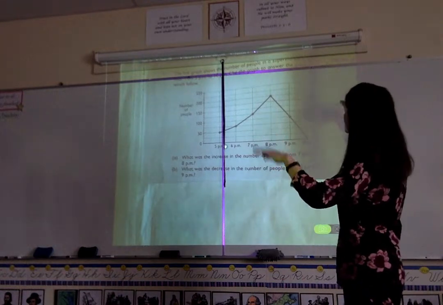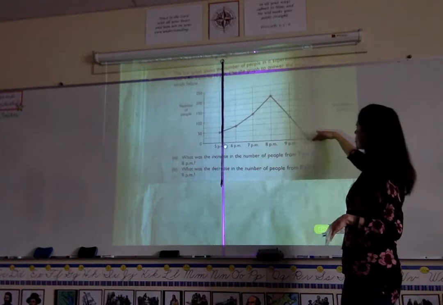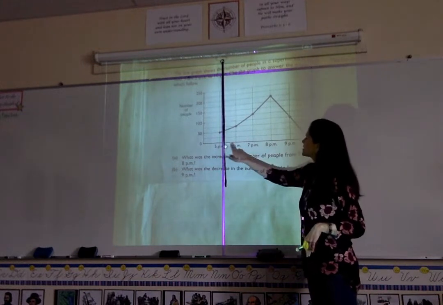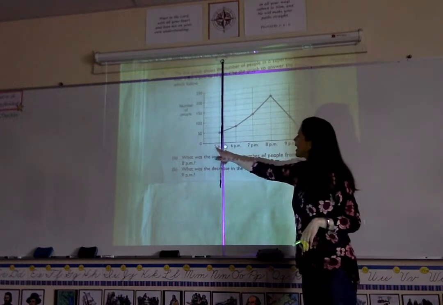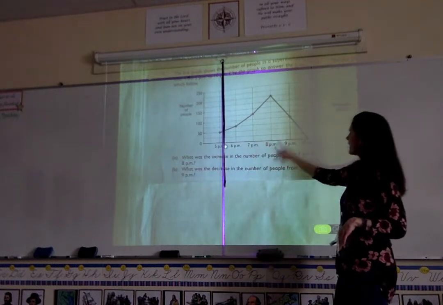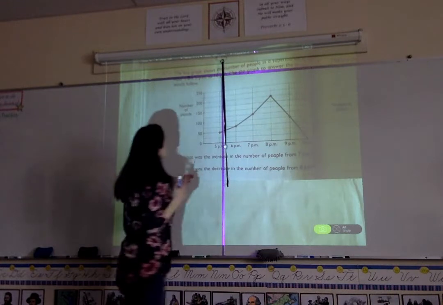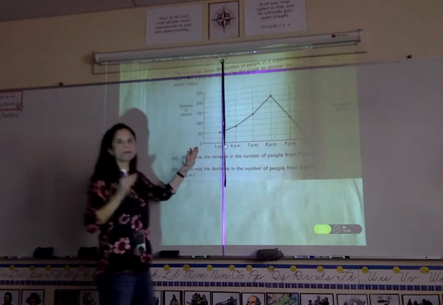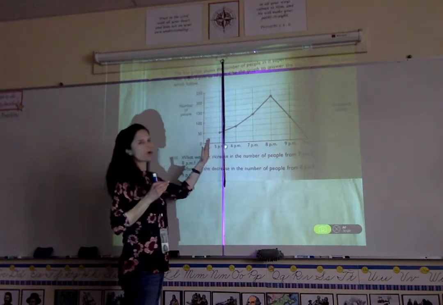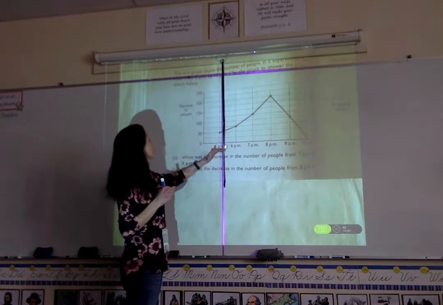Let's see what we're looking at here. The bottom of the graph shows me that I have different hours in the day, starting with 5 p.m., 6 p.m., 7 p.m., 8 p.m., 9 p.m., 10 p.m. And then the vertical line shows me the number of people that are in the grocery store at those specific times.